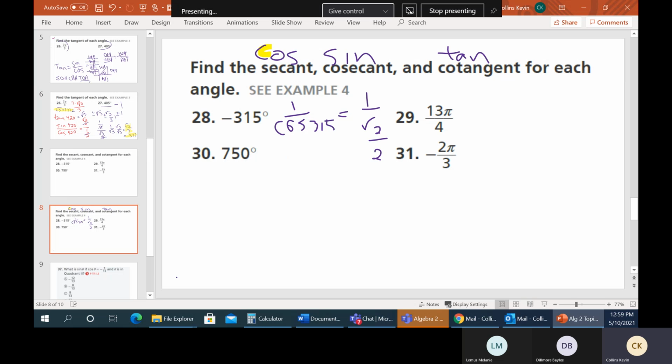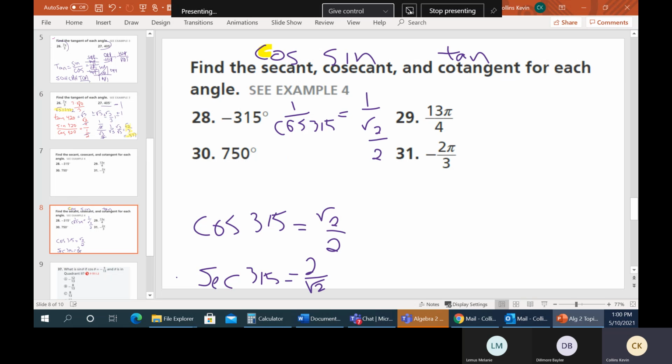Now, remember the whole bit we said before: if cosine of 315 equals the square root of 2 over 2, then the secant of 315 is just flipping that guy over. So it'd be 2 over the square root of 2.